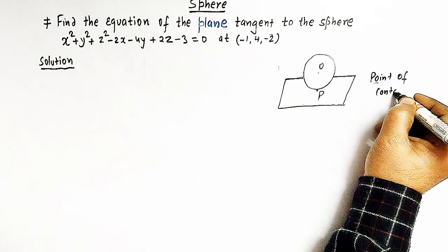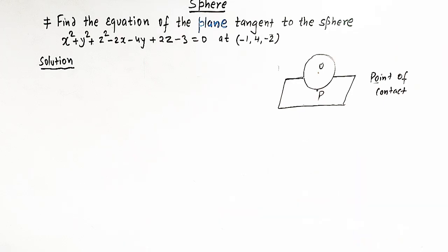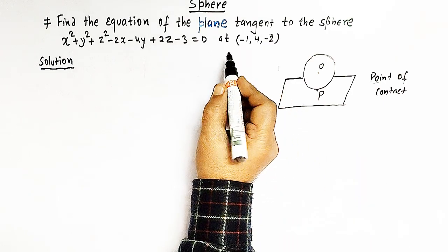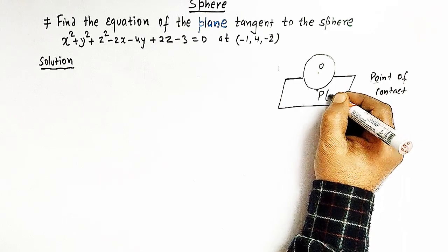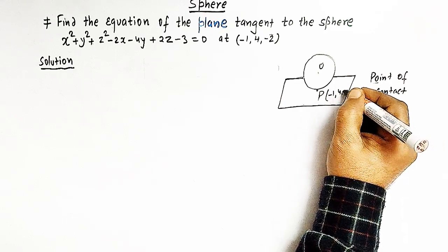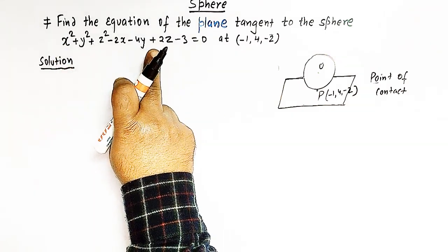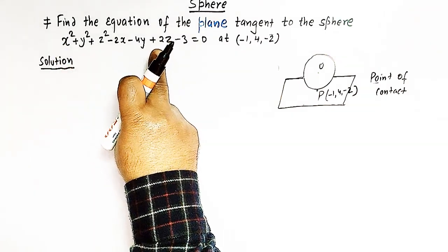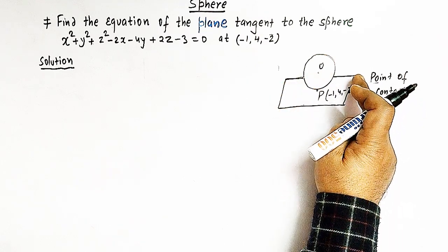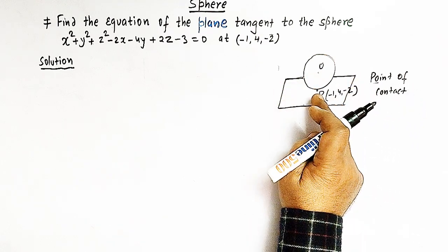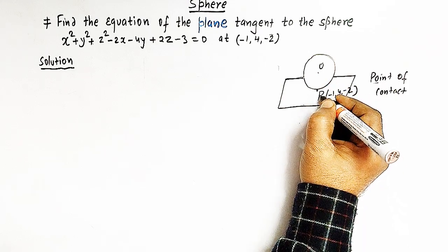So point of contact is the point where a sphere touches a plane, and here we are given the coordinates of the point of contact P as minus 1 comma 4 comma minus 2, right? And the equation of the sphere is given as this, right? Okay, so now we have to find out the equation of this plane, which is tangent to this sphere at this point P, right?